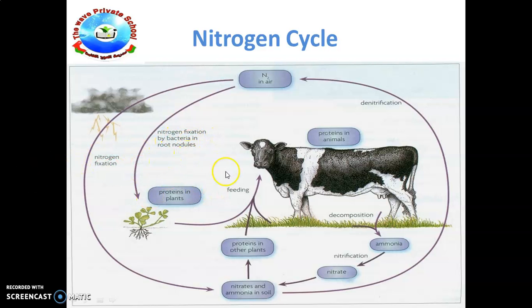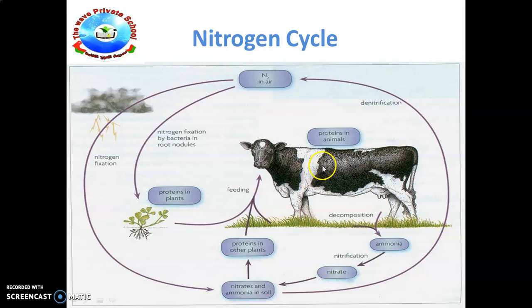If you see the picture here, this is denitrification. That means nitrogen is given out into the air again from the nitrates and ammonia in the soil. And you can see proteins in the animals. When they feed on the plants, the ammonia taken by the plants is fed to the animals.